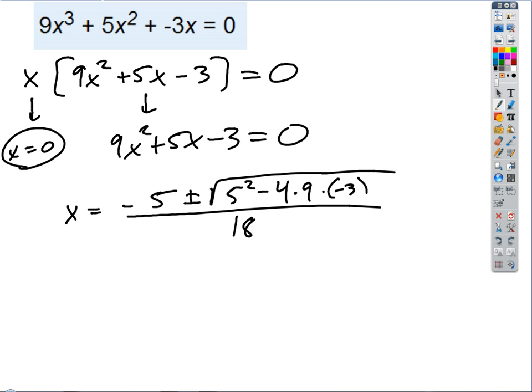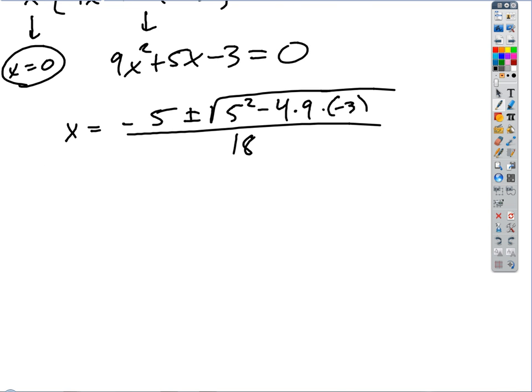Okay, and now that's just a calculator issue, right? I know this is the non-graphing calculator test, but we would just put that into our calculator. We just want to figure out what that is going to be. I'm going to get negative 5 plus or minus, now, what's that square root going to be? I'm going to get 5 squared, that's 25.